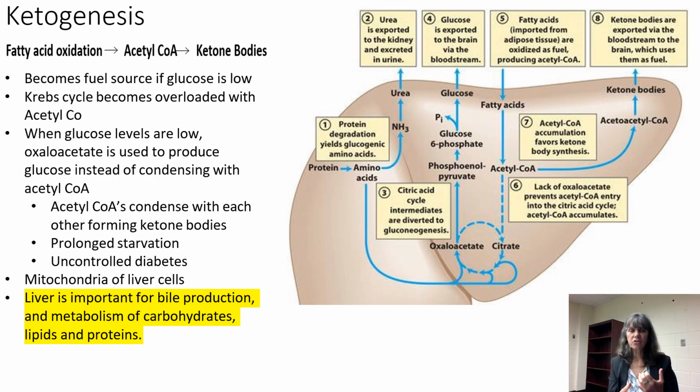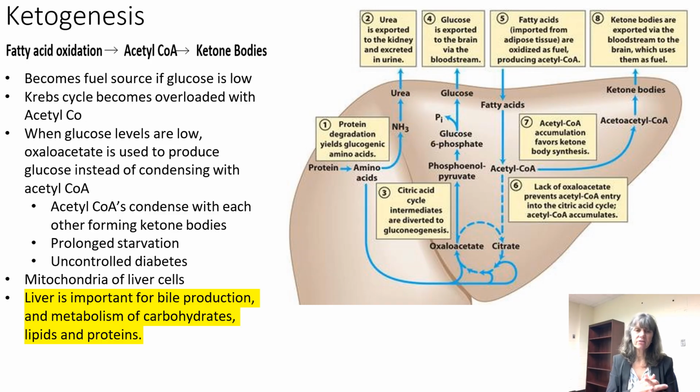And this occurs when a person is experiencing prolonged starvation or uncontrolled diabetes. It happens in the mitochondria of the cells of the liver. And then those ketone bodies are going to act as an alternative source of fuel where they'll be exported by way of the bloodstream to the brain, which can use them as fuel. The brain also uses glucose normally as fuel, but if there's no glucose, it will use ketone bodies.